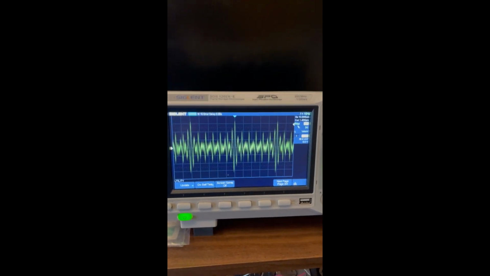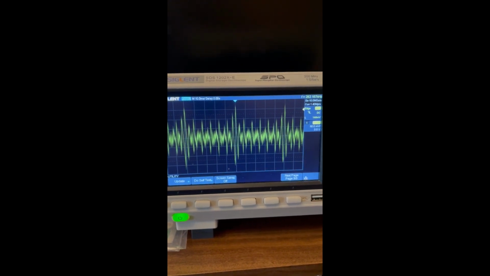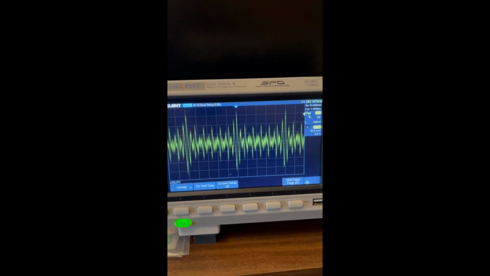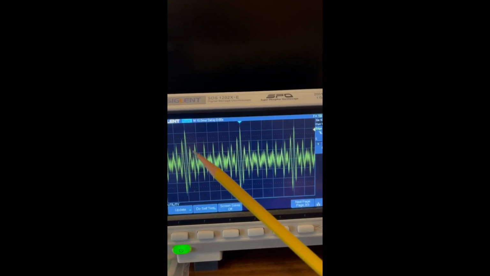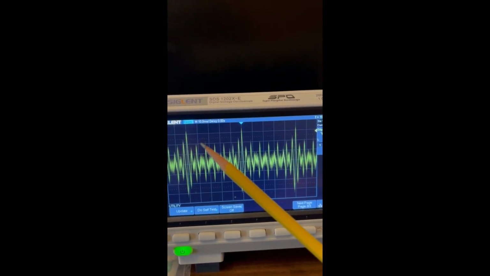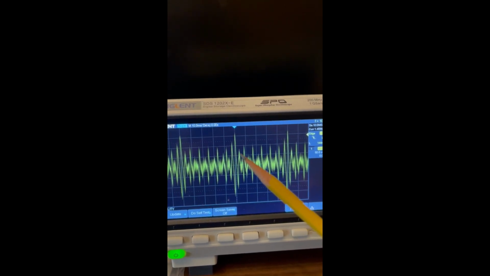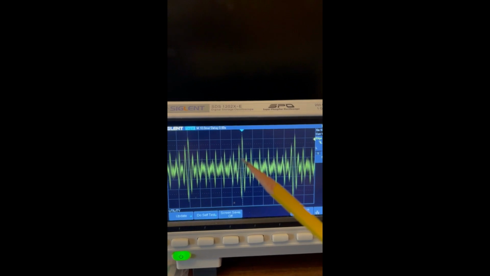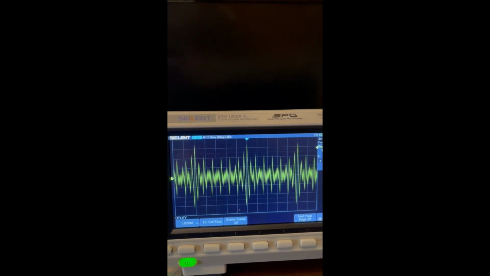Okay, the pattern we got here is a smaller one of these, from here to here and there and there, equivalent to 120 hertz. The larger ones from here to there are equivalent to 20 hertz.